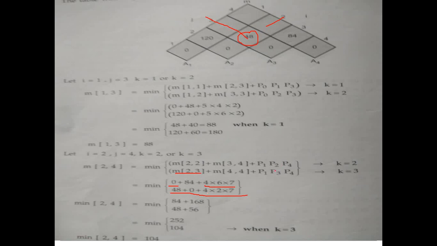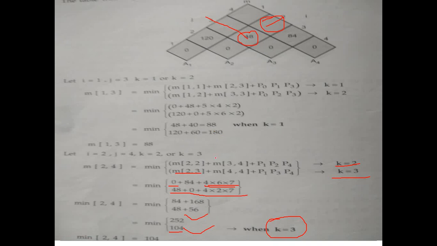From it we will find our P1, P3 and P4. In case of k equal to 2, separating at 2 we will get our result 252, and if we separate at 3 then our result will be 104. So in these two results our minimum result is 104, which is from k equal to 3. So we will put 104 in place of 24. At the place 24 here we will put our 104.